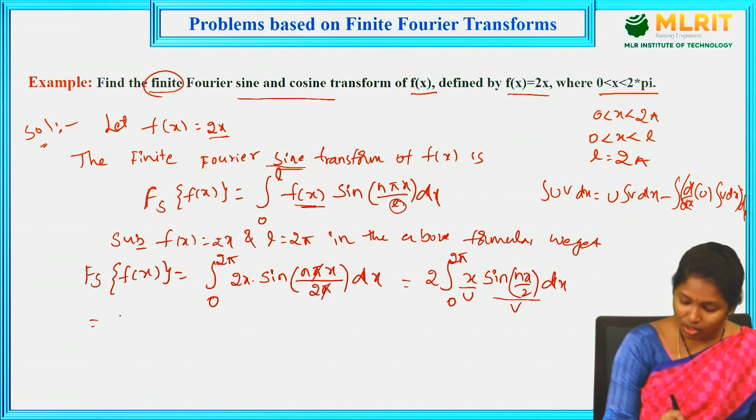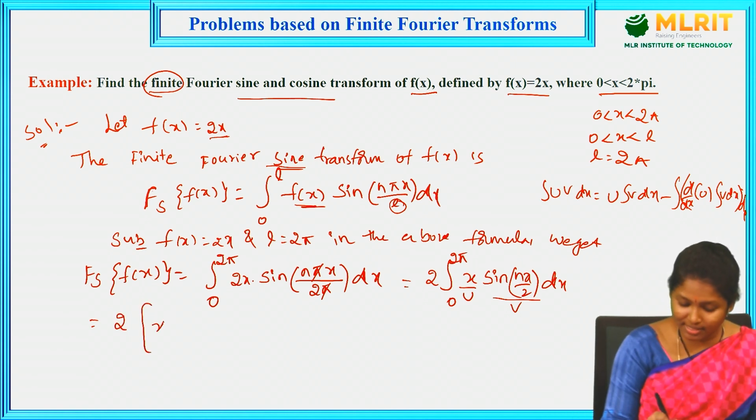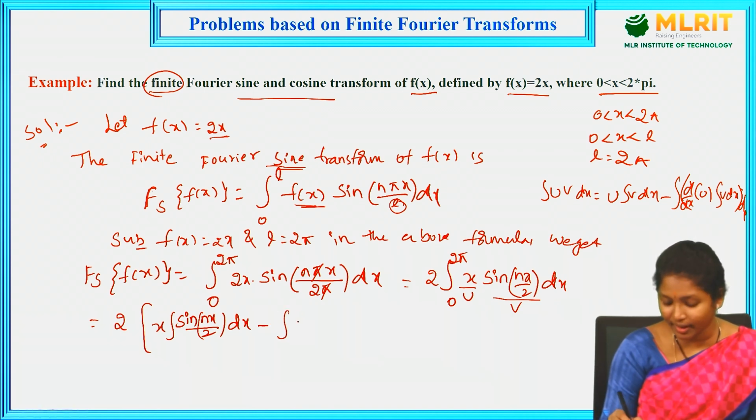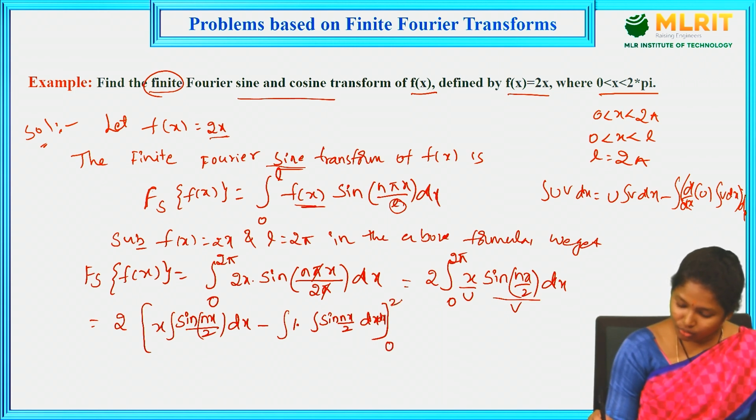We will get 2 into x is u, right? So x into integral sine nx by 2 dx minus integral d by dx of x is 1, right? So 1 into integral sine nx by 2 dx. Limits were 0 to 2 pi.